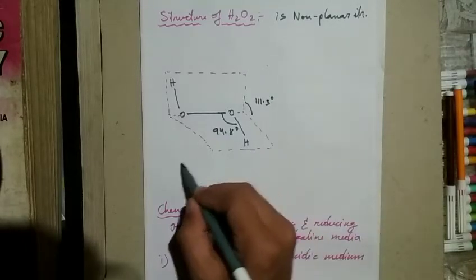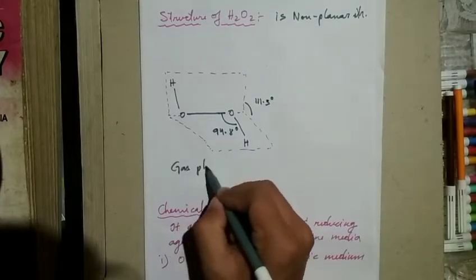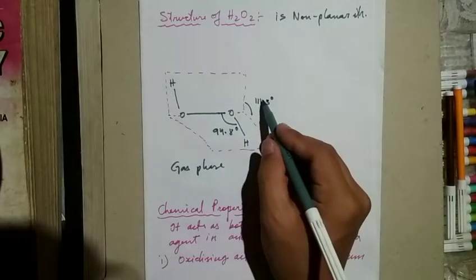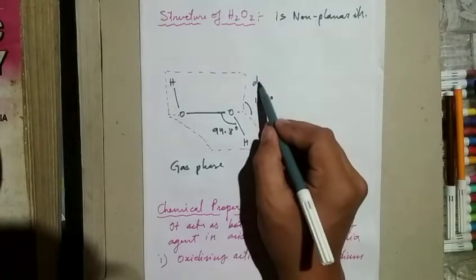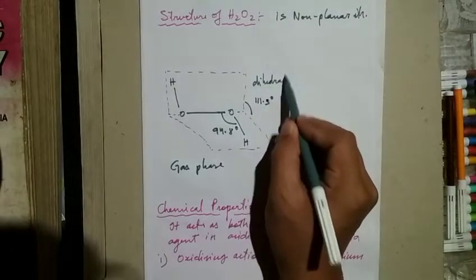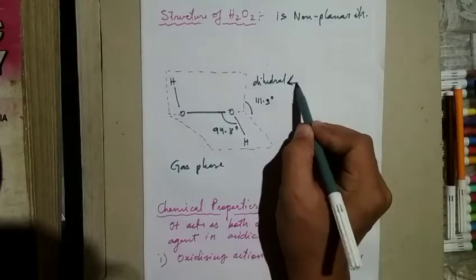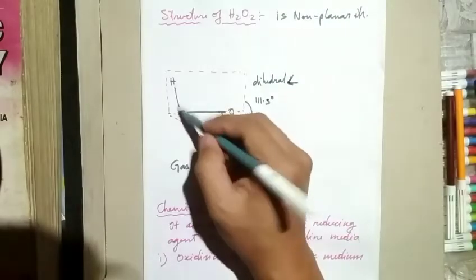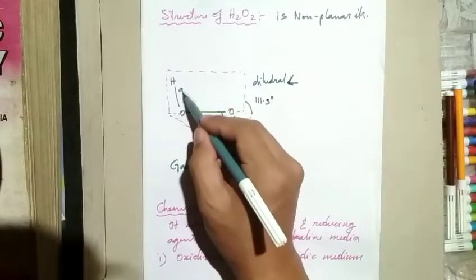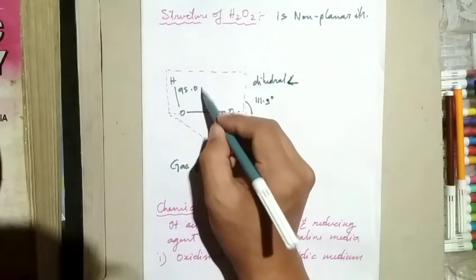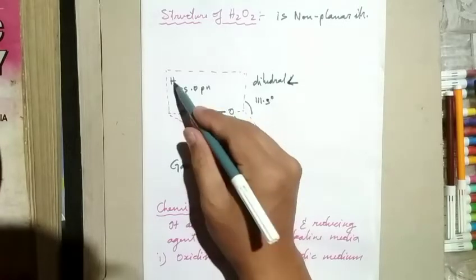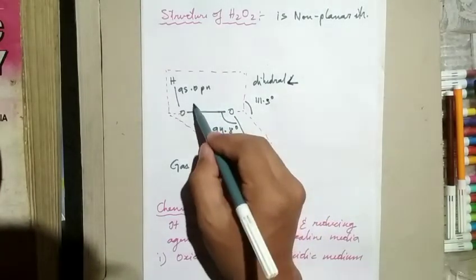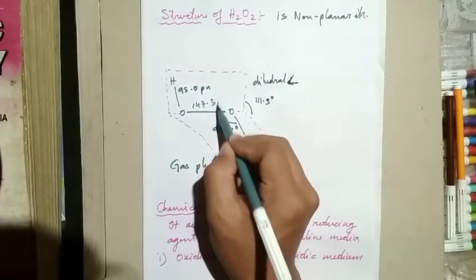This is for the gas phase. I'm writing dihedral angle in short form, simply as angle. The bond length of oxygen to hydrogen is 95.0 picometer, and from oxygen to oxygen the bond length is 147.5 picometer.